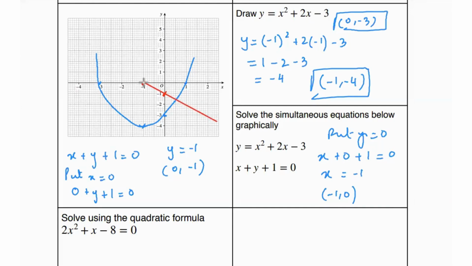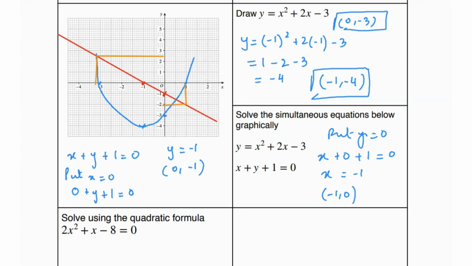It's going to be something like this, and you'll get 2 points of intersection. One will be over here like this, and the other will be here.